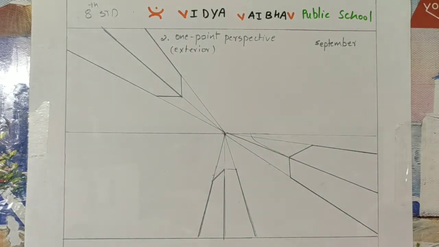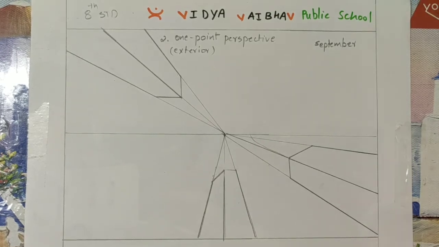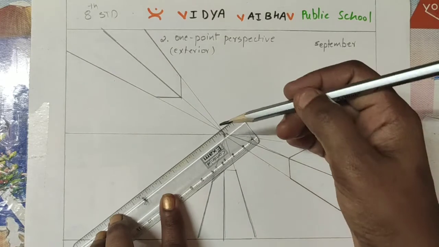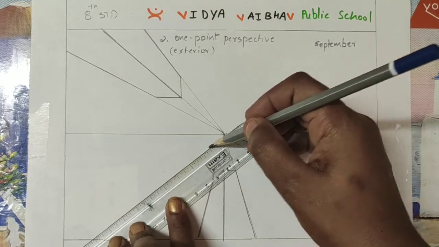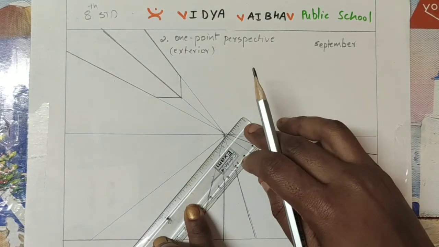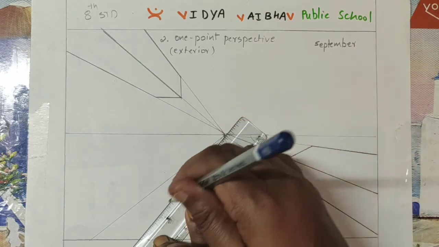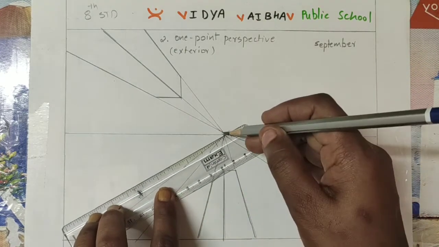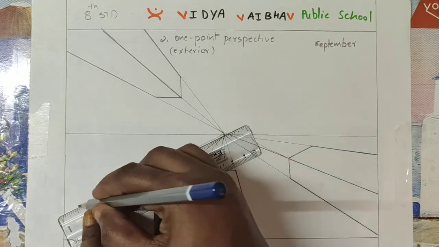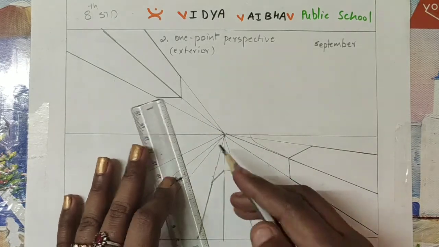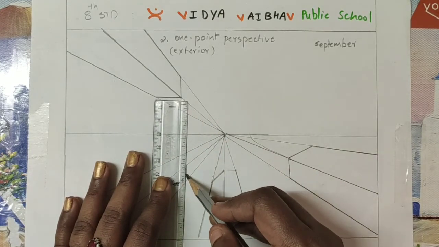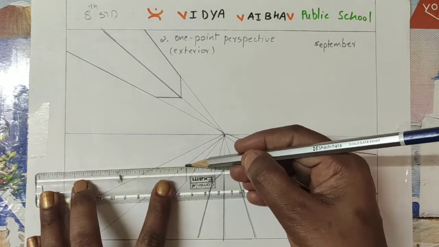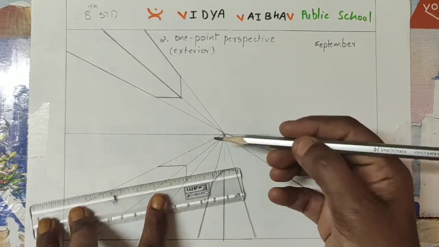You should complete all over the place. Don't do 1, 2, 3, complete all over, at least maximum 6 to 7 you should cover. Don't leave more white space. And then you should draw one slant line and one parallel line.